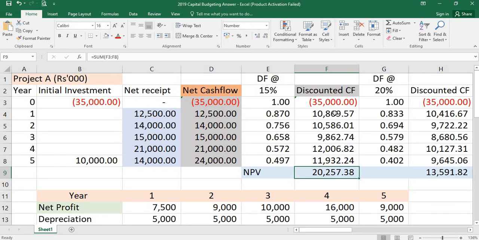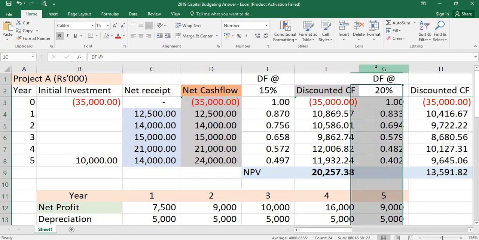The year 1 to year 5 cash inflows received in the future altogether are 55,257.38. From that we deduct the cash outflow, and then you get the net present value, which is 2257.38.